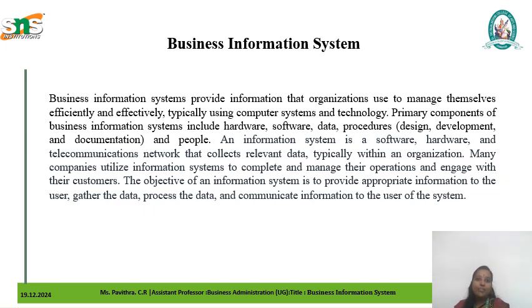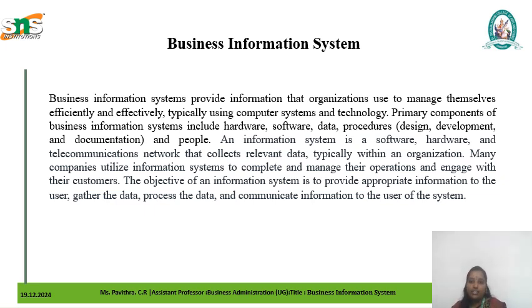Starting with business information system, as we discussed earlier, what is it? Business information system is a management system that provides accurate and adequate data for an organization for making effective decisions. It gathers the data through the primary components of our information system, that is computer hardware, computer software, databases, networks, and system users.